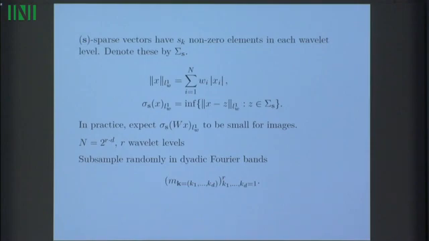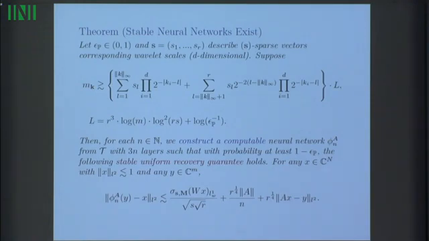And if you use this model, this is what you can prove. So you first of all select a probability epsilon_p, and then you assume that you have enough Fourier samples to satisfy this inequality. I'll give some indication as to what this means in a second, but the important thing is you've got some sparsity in terms of the s_k's, and then you multiply by some logarithmic factor, so it's a standard type of compressed sensing result.